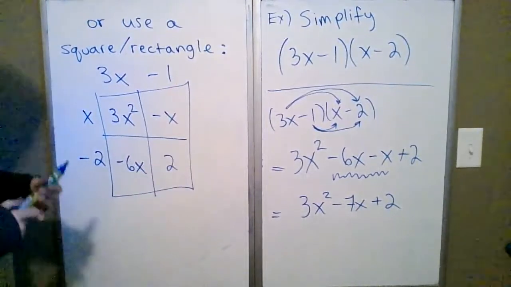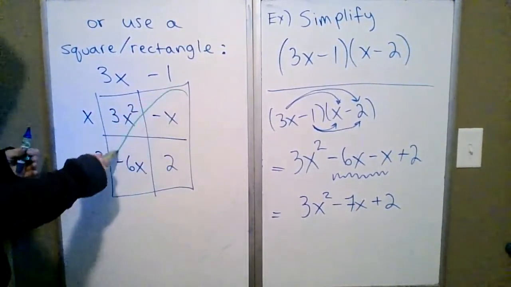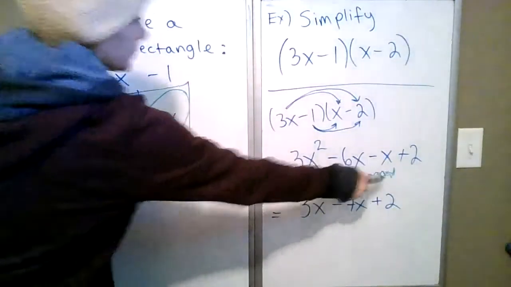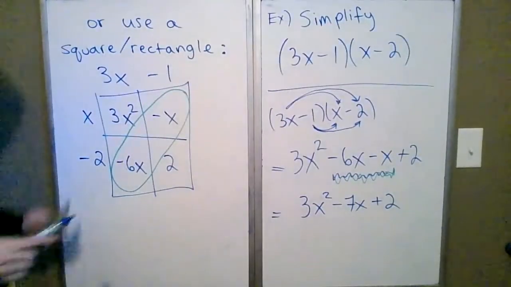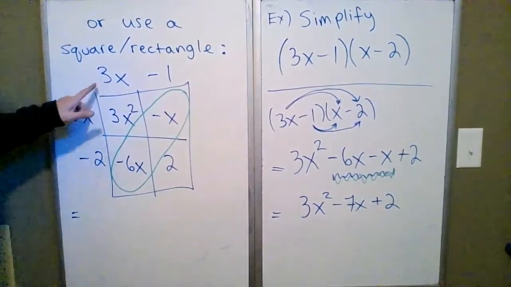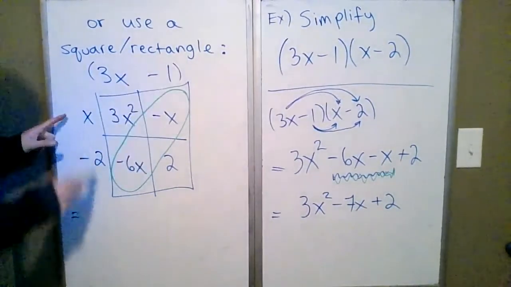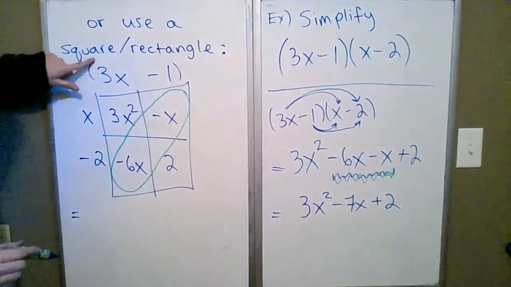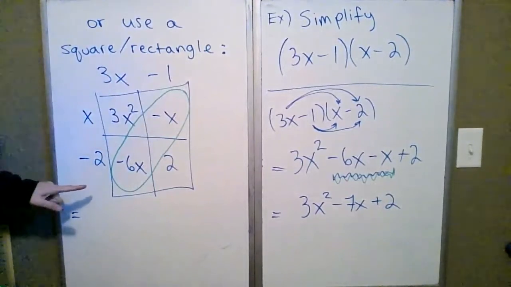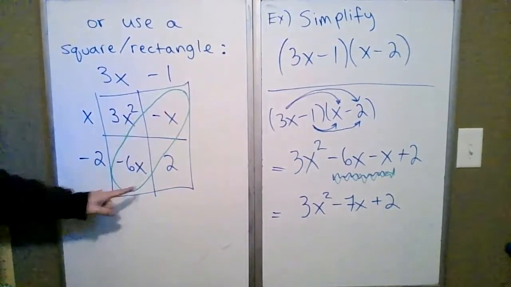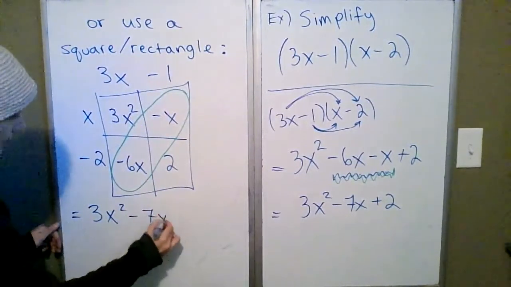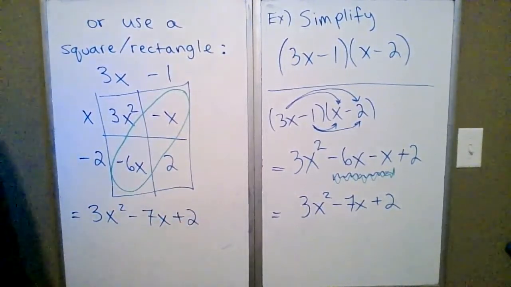And then your like terms are going to be across from each other right here, just like those ones. So if you multiply 3x minus 1 times x minus 2, this times this is 3x squared minus 7x plus 2. Same thing.